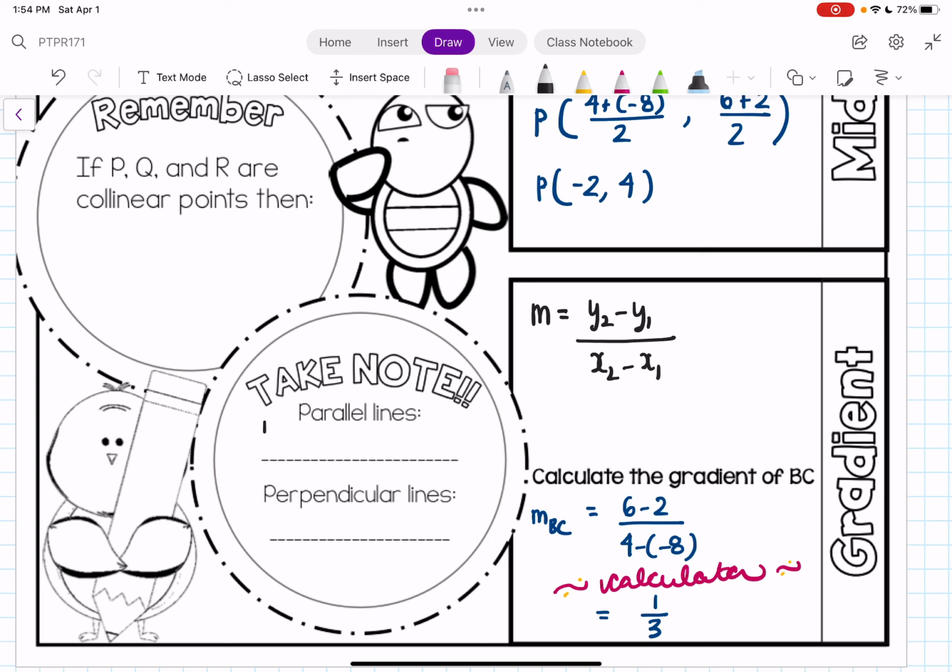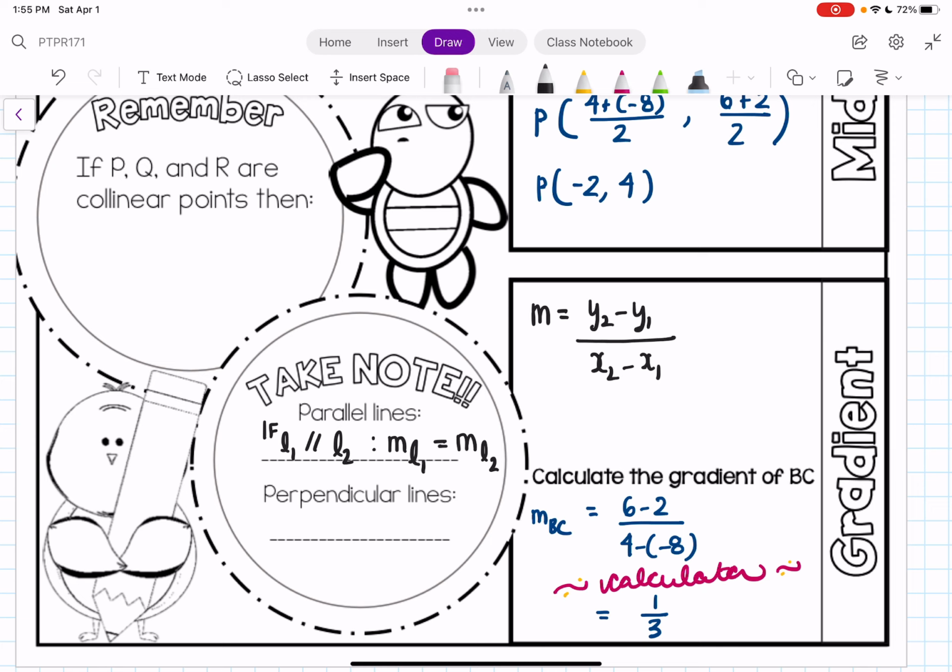So if line 1 is parallel to line 2, then the gradients, m sub L1 and m sub L2, will be equal. And with math, these if statements go the other way around as well. So if you have equal gradients, then you know your lines are parallel, okay?